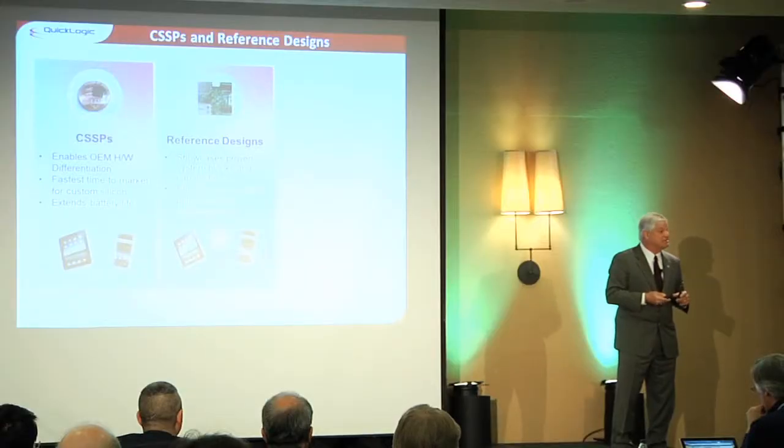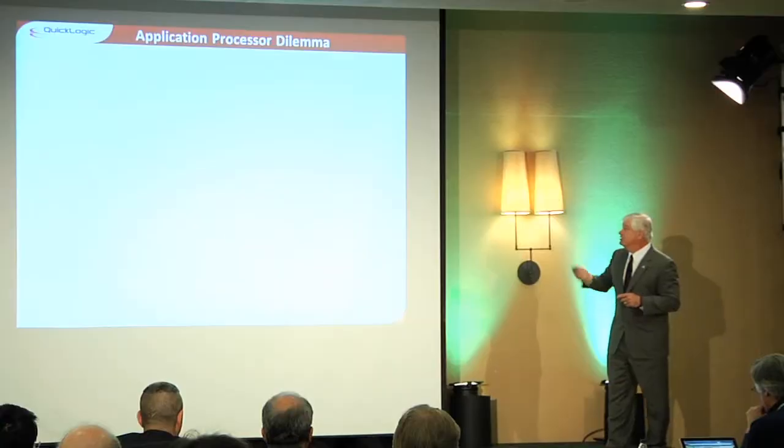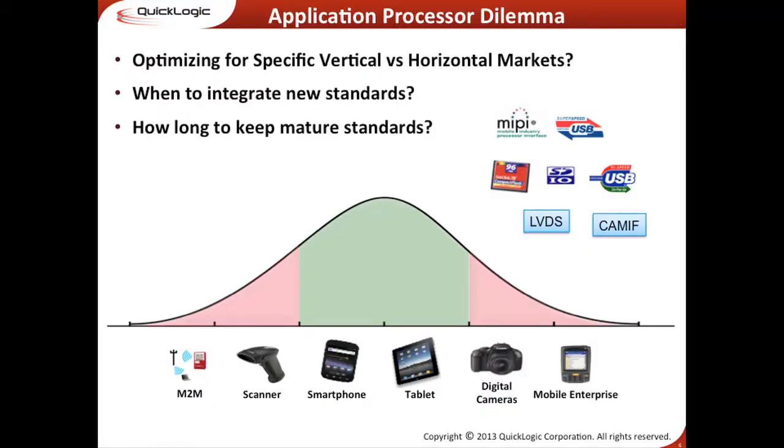But what we also found as we developed these reference designs is, remember in that previous slide, we're always connected to an application processor. And what we found is that various application processor companies said, hey, can you help us out? And this is kind of what spurred on the idea of Catalogue CSSPs. So let's talk about what is the application processor company's dilemma.